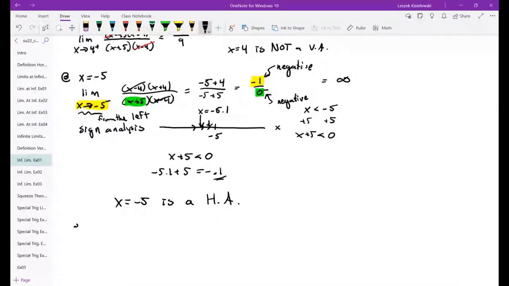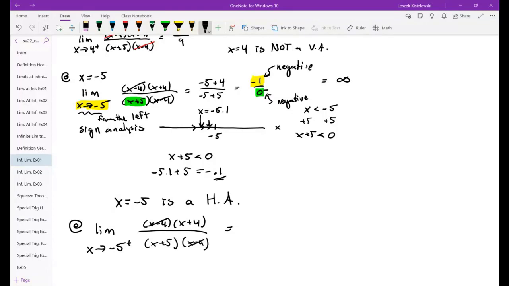Okay. And, you know, we might as well go ahead and find the limit as x approaches -5, but from the right. So nothing would really change except the sign analysis here, where the numerator goes to -1.